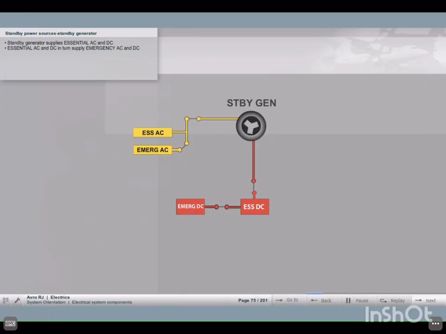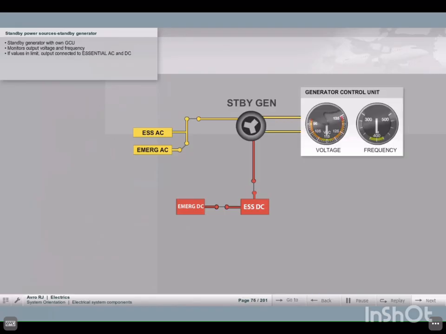The standby generator supplies the essential AC and DC bus bars and, in turn, the emergency AC and DC bus bars. The standby generator has its own generator control unit, GCU, which monitors output voltage and frequency.